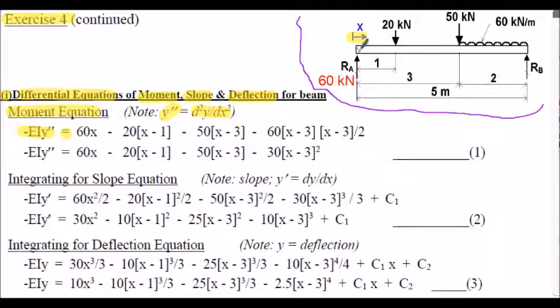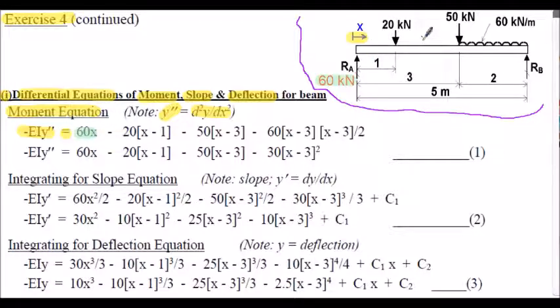So moving from the left hand end, when x is equal to 0 here, if I move away from that and I look to the left of my particular point on the beam, I will see 60 kilonewtons, that's the reaction at the end, multiplied by x. And that's a positive value here because RA times x is trying to sag the beam.